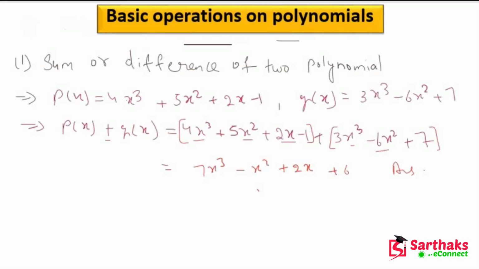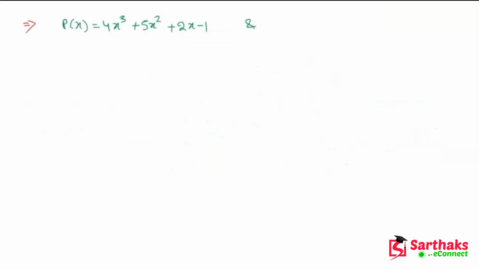And the next polynomial, g of x, is 3x cube minus 6x square plus 7. Okay, so we have the polynomials p of x and g of x.